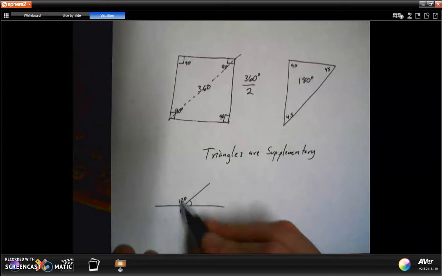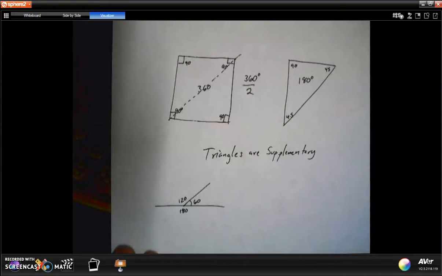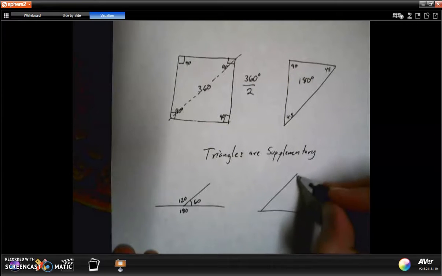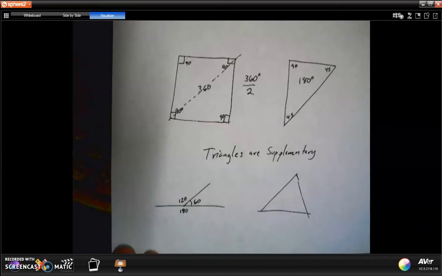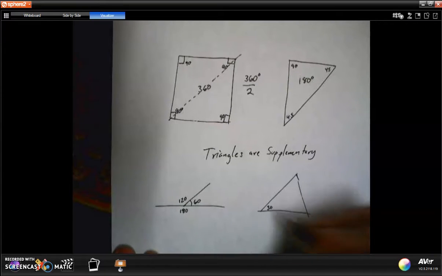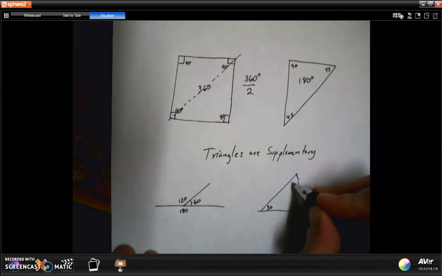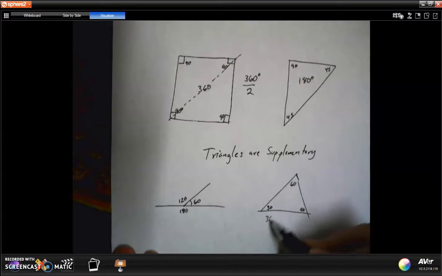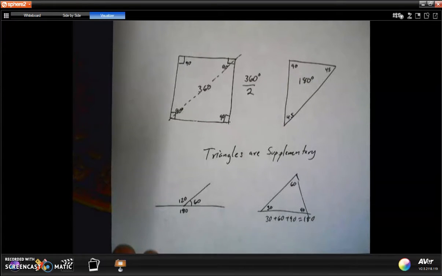Well, 180 minus 120 is 60 degrees. A triangle is the same way, but in this case, instead of adding up two numbers, we're adding up three numbers: 30 plus 60 plus 90 equals 180 degrees.